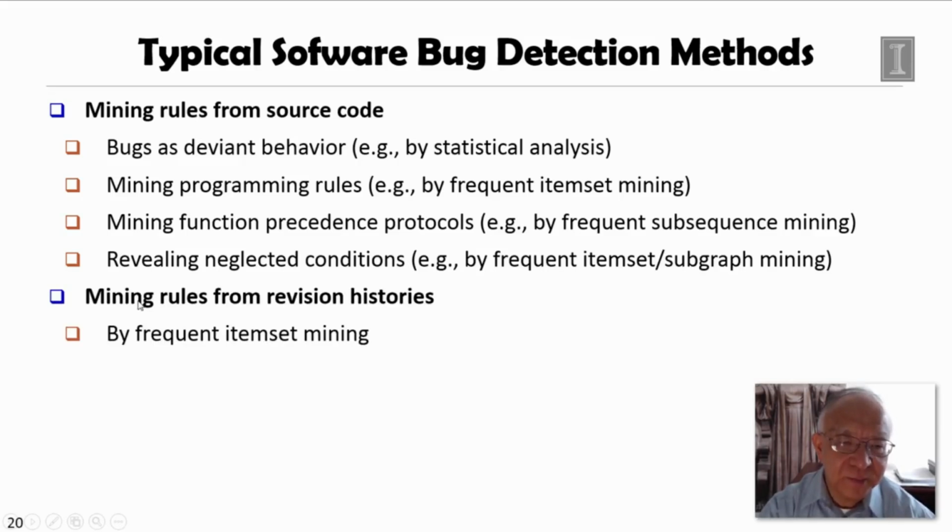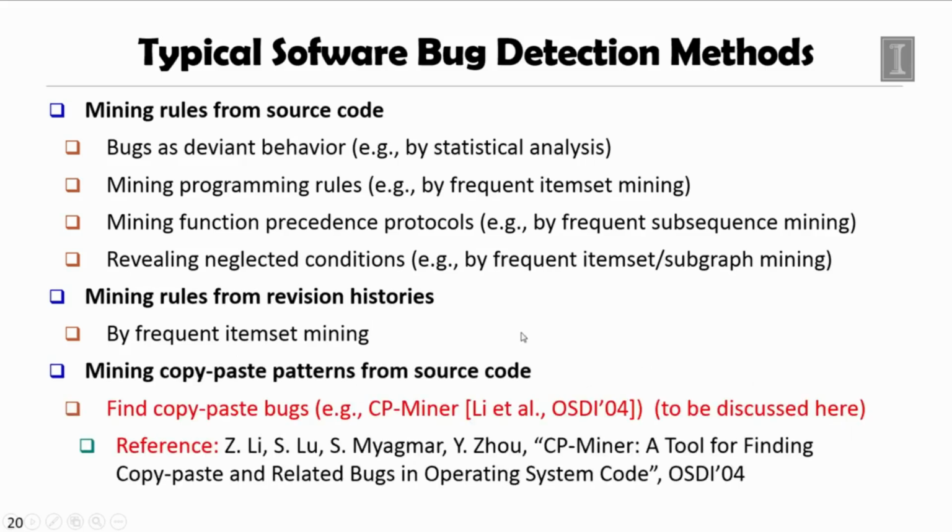Another interesting practice is mining rules from revision histories. You look at the sequence of program code revisions, you use frequent item set mining, you may find certain general practices or certain anomalies. Actually, we are going to focus on one interesting bug. We try to find copy and paste bugs.